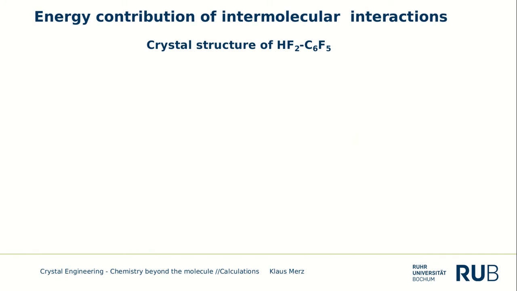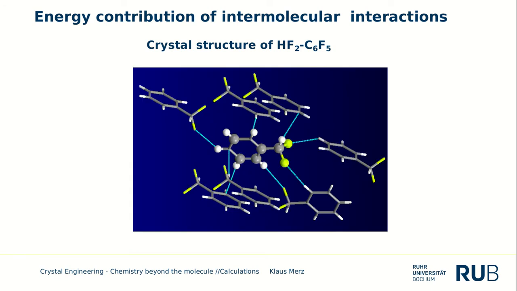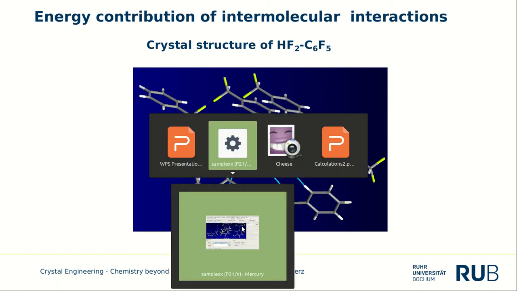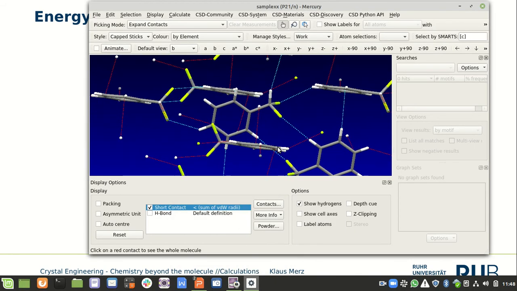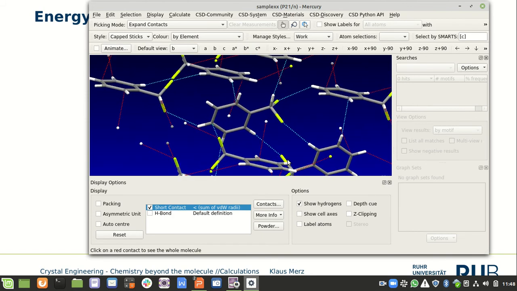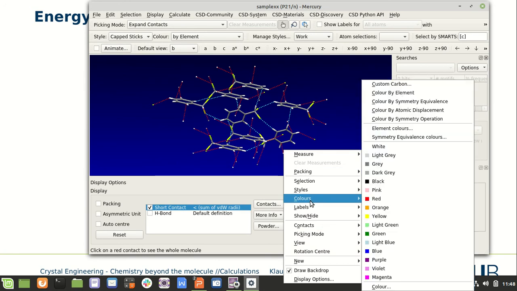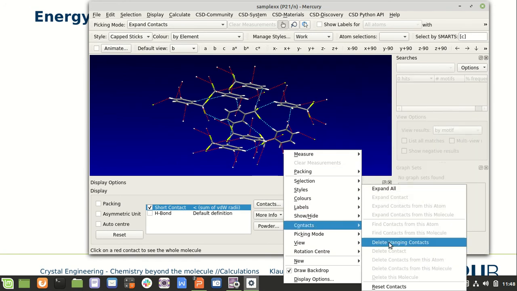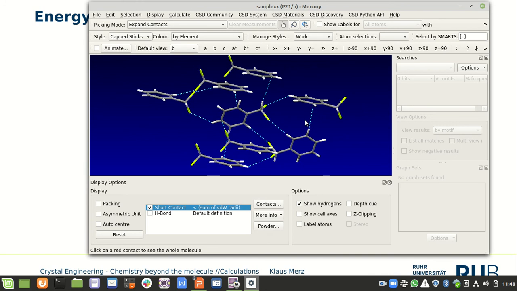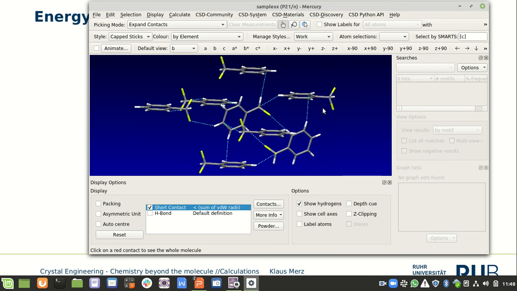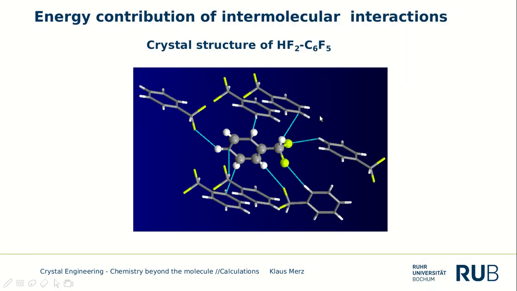Once again, have a look at the Mercury picture. This is exactly what I have shown you here. Not so nice, but nearly the same. See it here. Central motif. Very easy. And one, two, three, four, five, six intermolecular or short contacts.